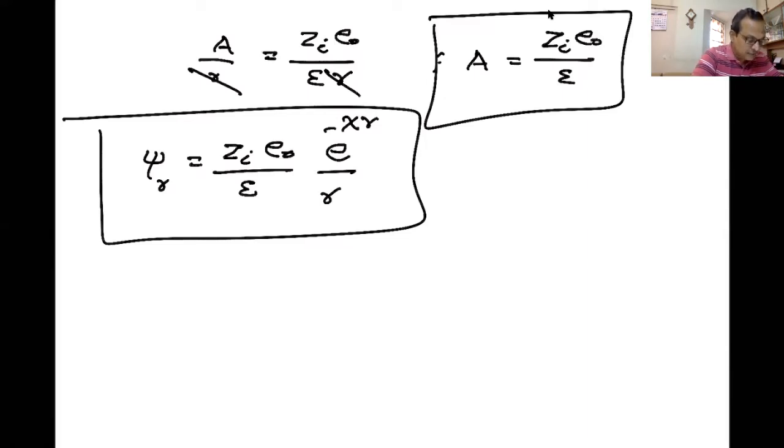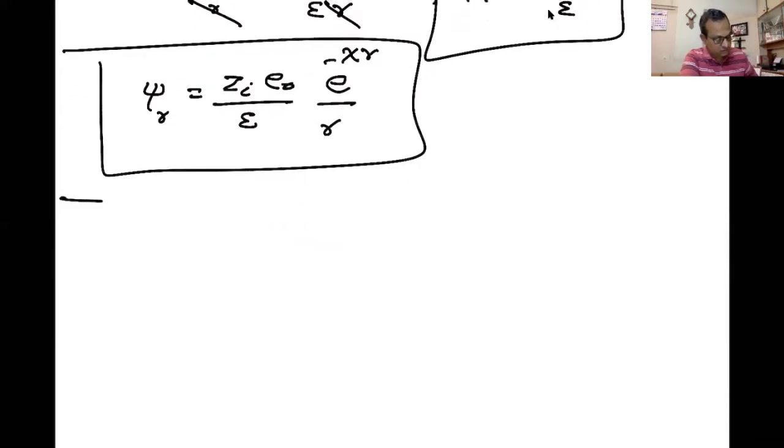Now the second part. Once I understood psi r, I try to understand what my excess charge density, rho, is going to be.